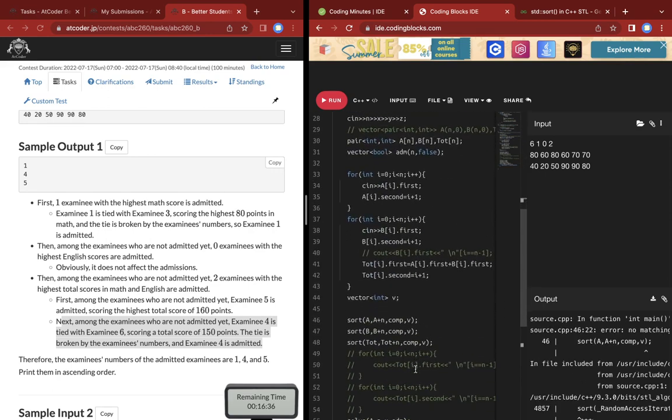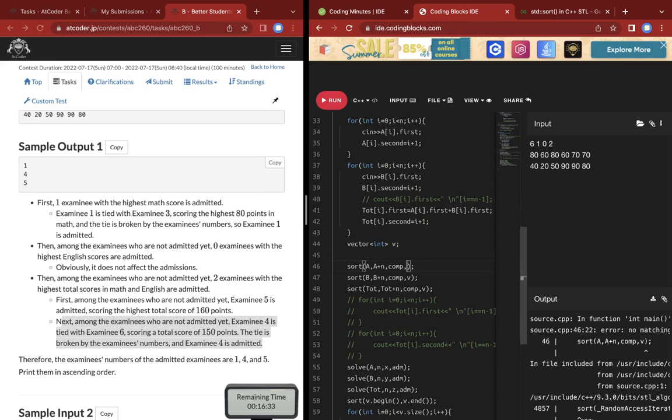Okay, it's not to be included in the sorting. It should be included in our custom solve function.